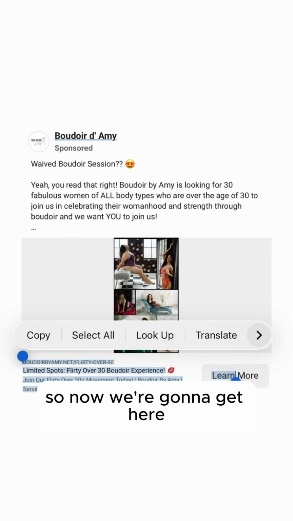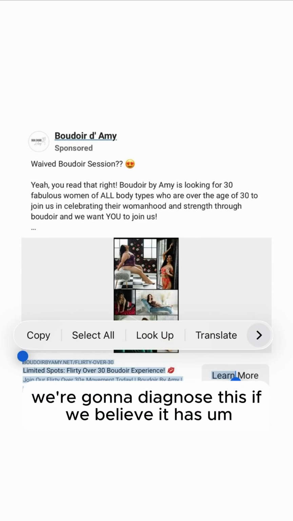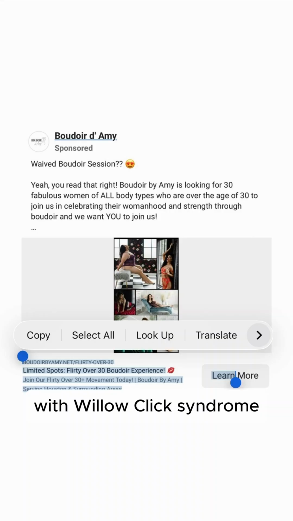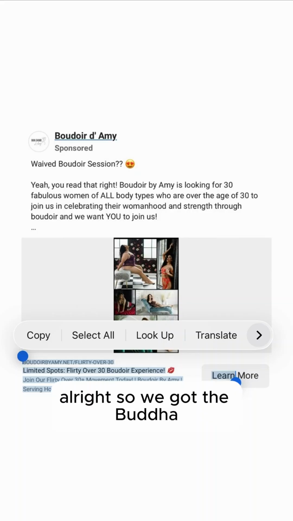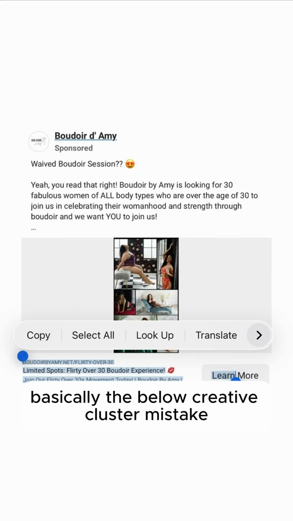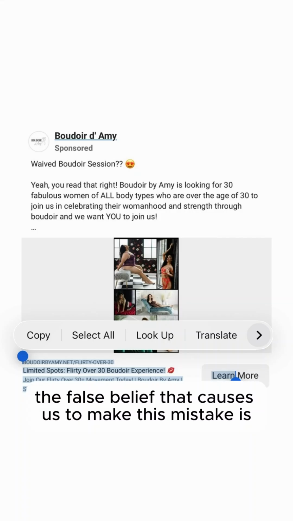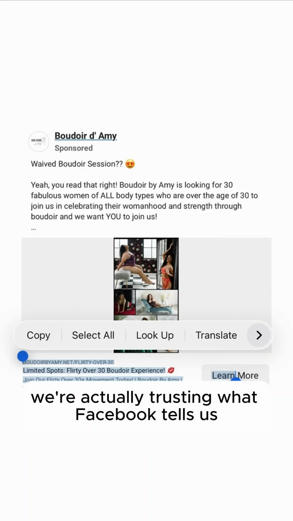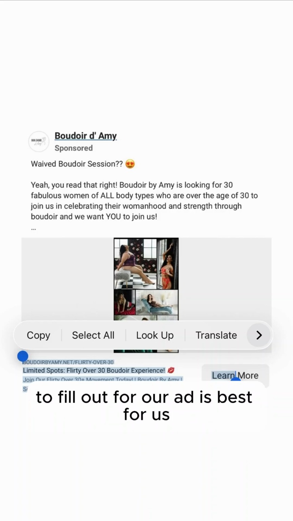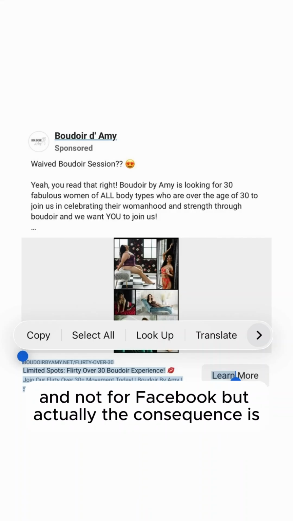So now we're going to diagnose this, see if we believe it has Boudoir low click syndrome. First thing I'm looking at is the Boudoir below creative cluster mistake. The false belief that caused us to make this mistake is that we're trusting that what Facebook tells us to fill out for our ad is best for us and not for Facebook.